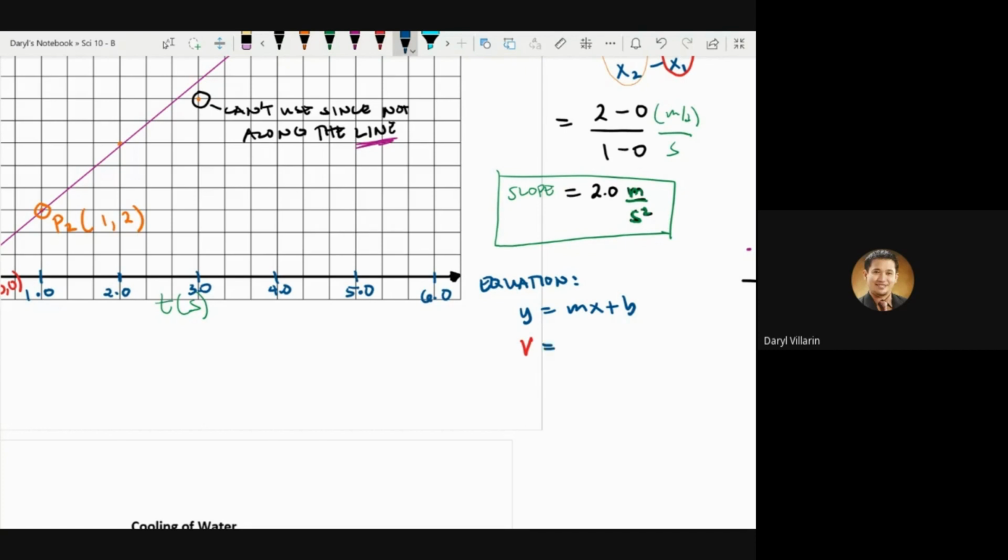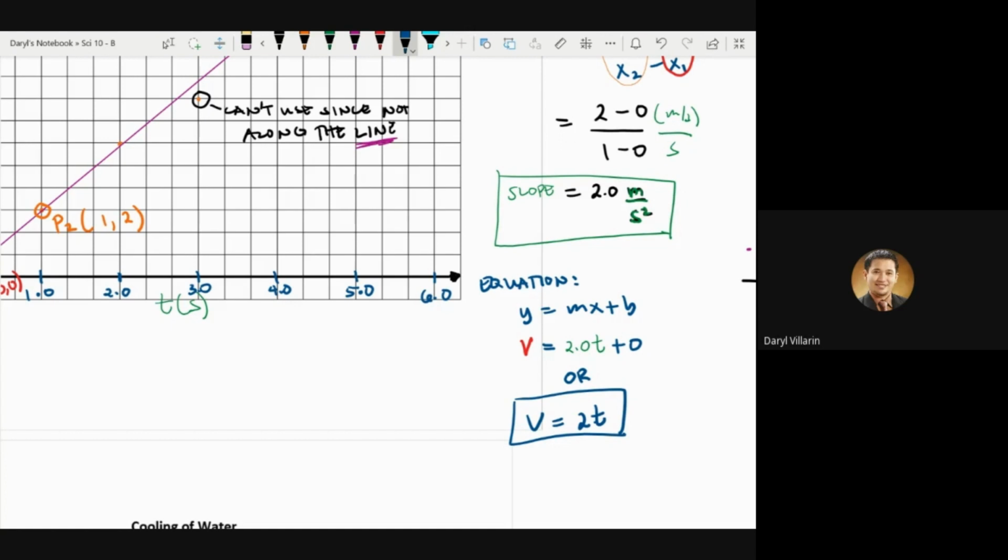Okay. As an extension, you can actually write your equation. Even though it's not part of the question here, you can write the equation. The equation of your particular graph is, remember, y equals mx plus b.